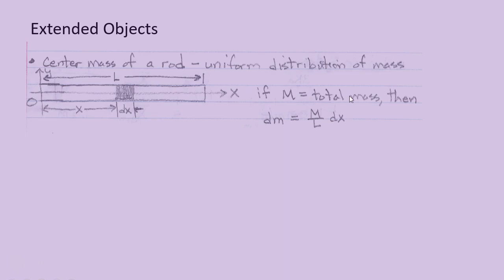If m is the total mass of the system, then dm is equal to m divided by L times dx. We refer to this ratio, m divided by L, as the linear density, and it is the mass per unit length. So if we take the mass per unit length times the infinitesimal length dx, that gives us the infinitesimal mass dm.